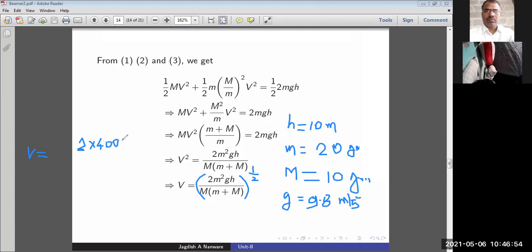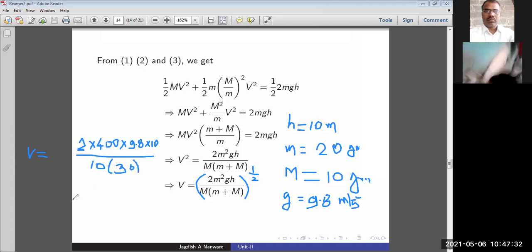Into g, value of g is 9.8, and into value of h, height is how much? It is 10 meter, right? Divided by capital M is 10, and addition of these two masses is 10 plus 20. I will write directly 30, right?